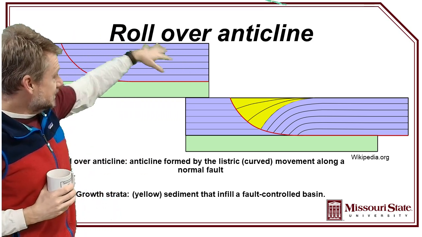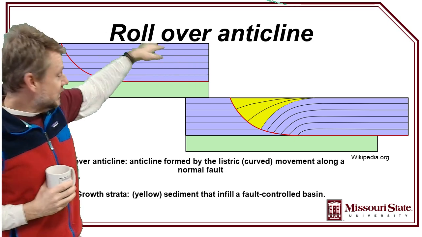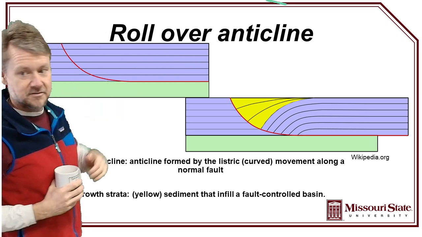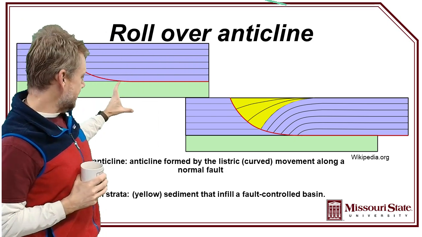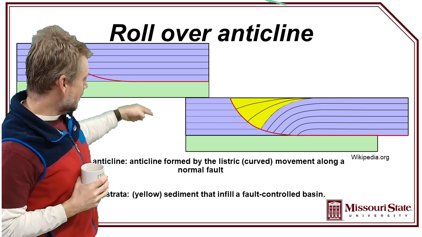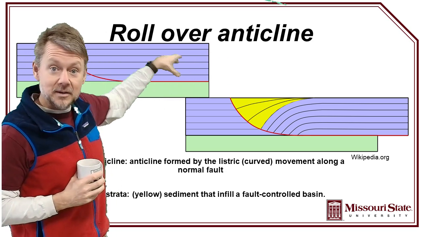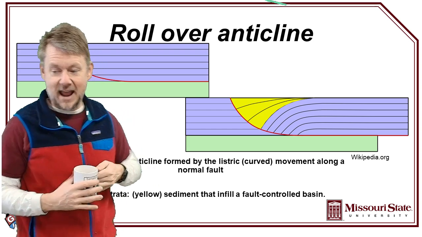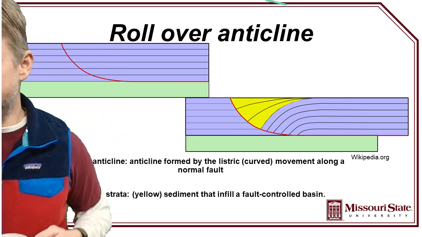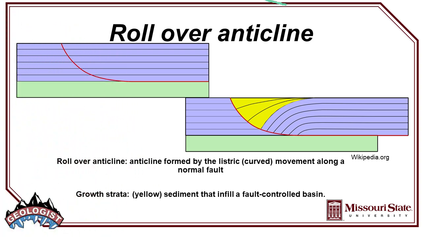And when that happens, if this is subaerially exposed, then you get erosion on both sides that starts to fill in. And you'll actually see that they thicken towards the scarp of the fault and thin away because there's more accommodation as that hanging wall slips down. So those are called growth strata, and they're really common in fault-controlled basins.